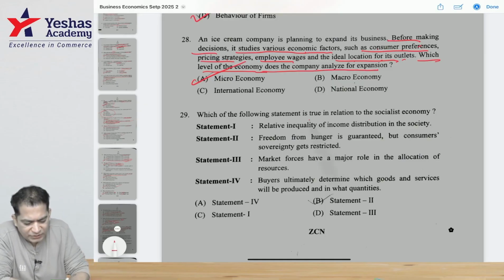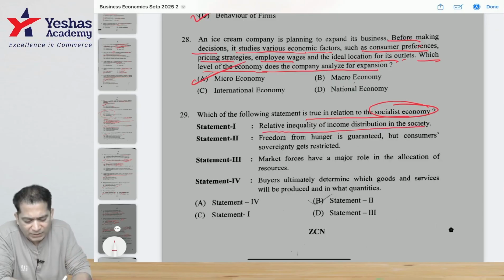Which of the following statements is true in relation to the socialist economy, government controlled? Relative inequality of income distribution in the society. First, do one thing: figure out, because the relative lower level of inequality is missing here. Freedom from hunger is guaranteed, but consumer sovereignty is restricted. Yes, this is possible. Market forces have a major role in allocation of resources. No, this is wrong.